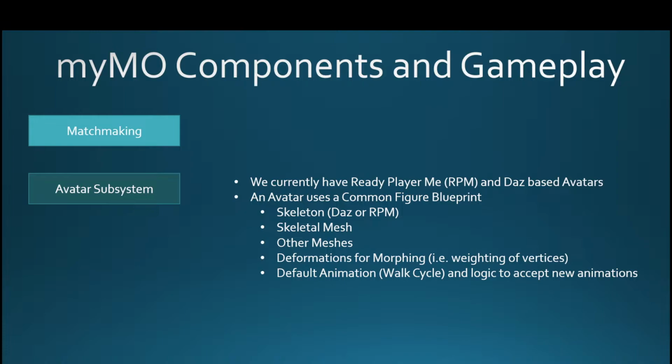There are other meshes associated with the skeletal mesh in terms of what it'd be holding in its hands, maybe what it's wearing, a hat or something like that. It's got the deformations for morphing. On some of the character sets, on the DAS poser base character sets, I'm using their functionality where they've weighted vertices against parts of the mesh, and so you could change the person to have a bigger nose or bigger lips or a different body type, or bigger feet.